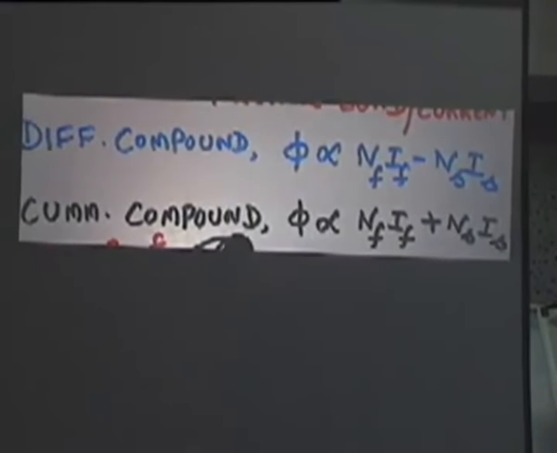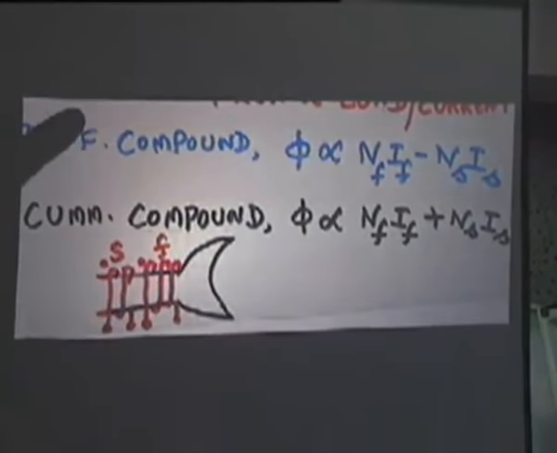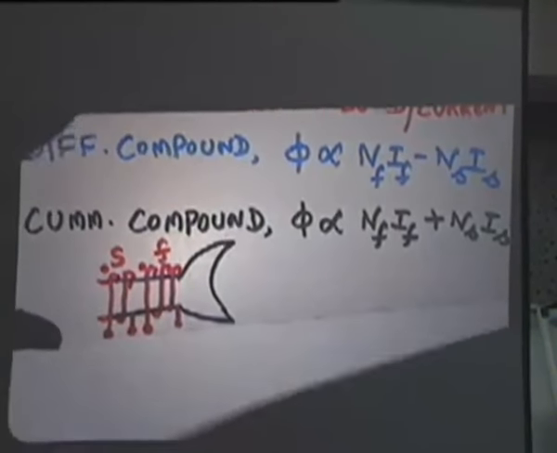In the cumulative compound, the total field is proportional to NFIF plus NSIS. So this is the connection where you have the shunt field and the series field. The dot convention says in which direction it is wound. Okay. So depending upon whether it is operating as a motor or a generator, they can have different combinations. Whatever we have discussed, we can summarize.